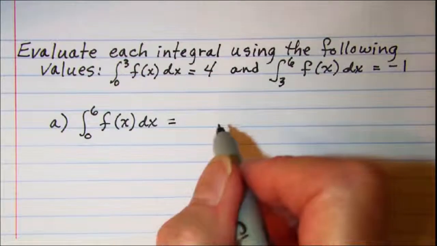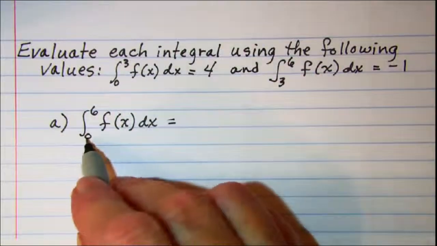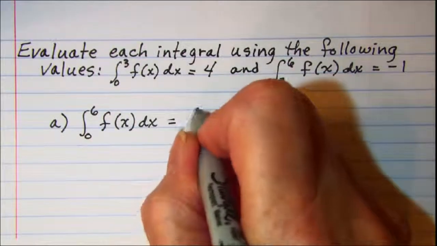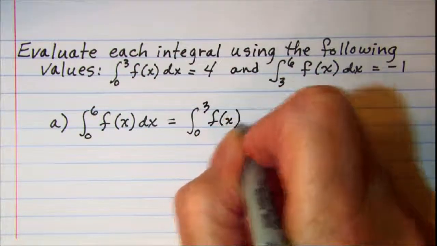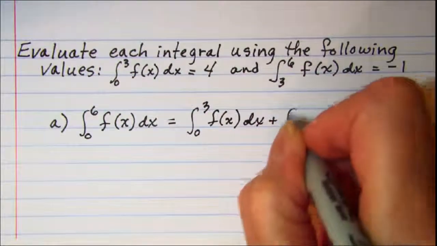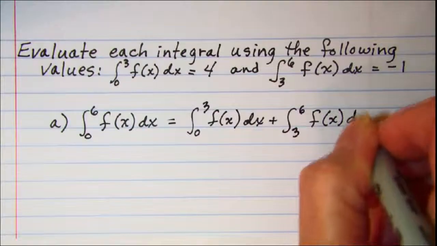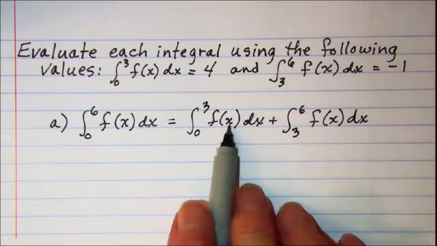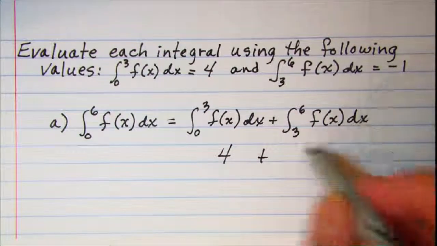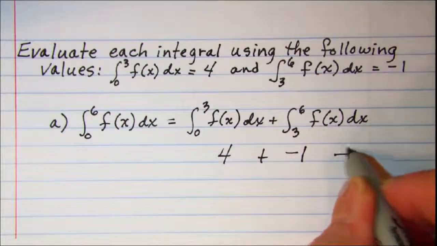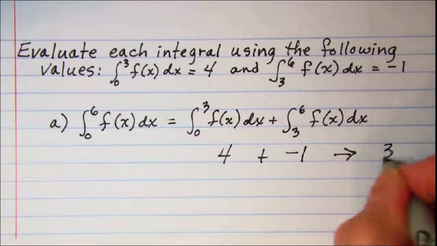So we're going to use the property that says that this integral from 0 to 6 is the same as the integral from 0 to 3 plus the integral from 3 to 6. We're given that this integral is 4 and this integral is -1, so our integral from 0 to 6 is 3.